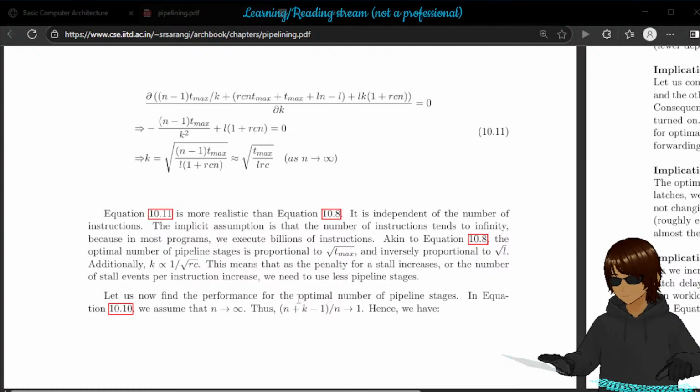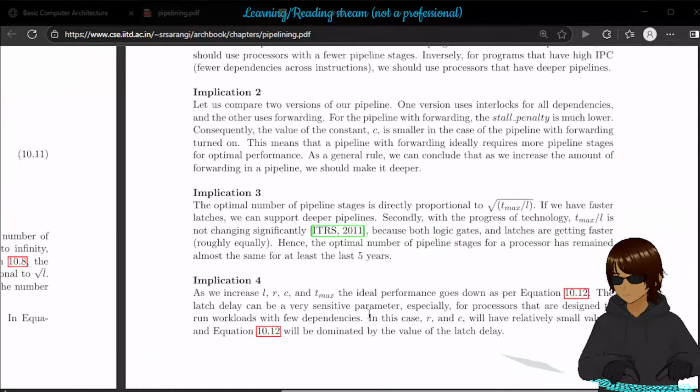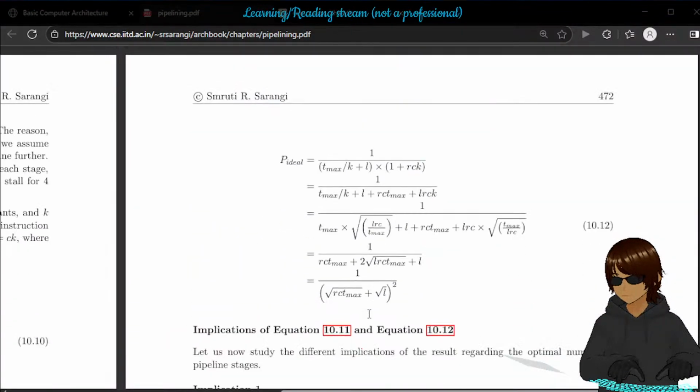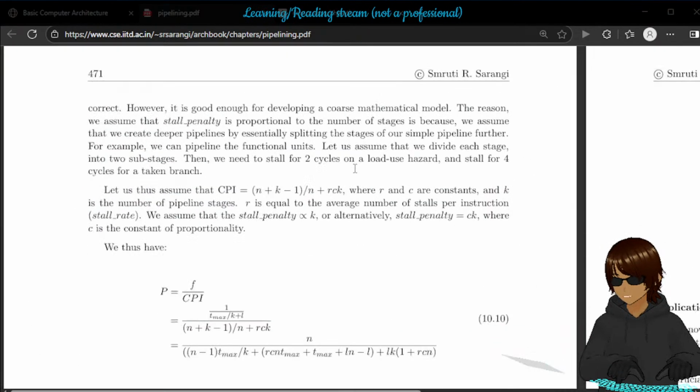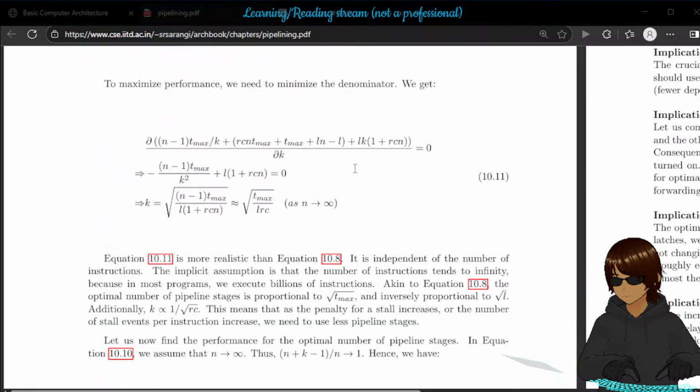Let us now find the performance for the optimal number of pipeline stages. In equation 10.10, we assume n tends to infinity, thus n plus k minus 1 divided by n goes to 1. Hence, we have P ideal. Well, how did they get P ideal from this?